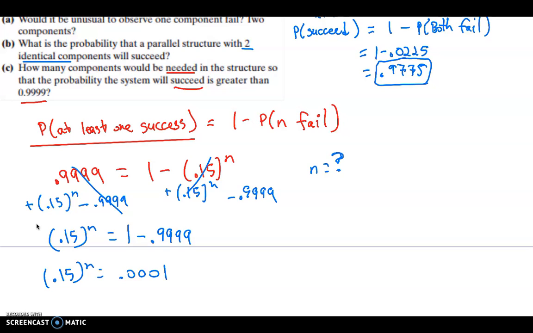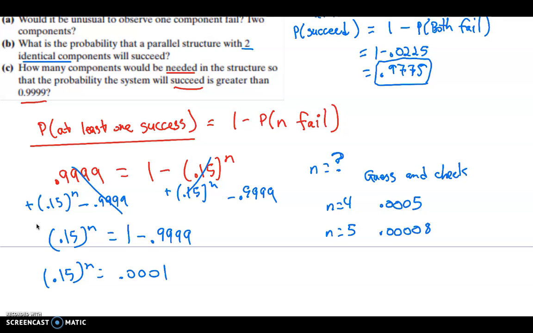There are ways to solve this precisely. We would use logarithms, but if you're not familiar with logarithms, the guess and check method would probably be a simple way. If you plug in n equals 4, 0.15 to the 4th power gives you 0.0005, which is a bit bigger than 0.0001. Then if I do n equals 5, 0.15 to the 5th power, I get 0.00008.